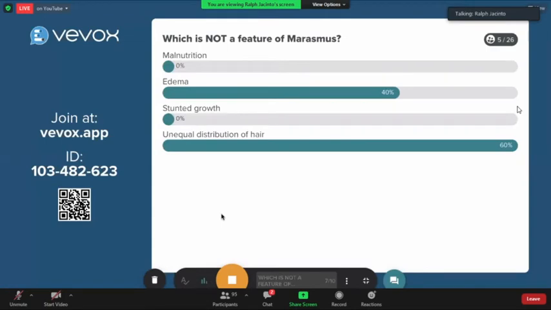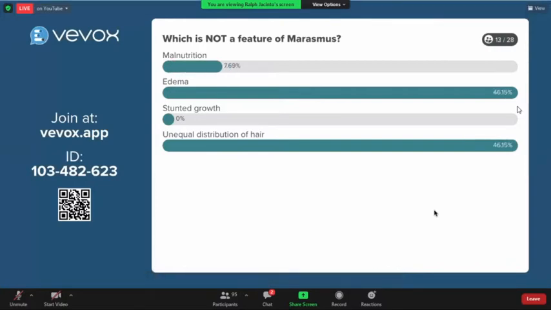Let's look at the answer. Okay, so it's between edema and unequal distribution of hair. Of course, the answer is not malnutrition because I've mentioned it. Marasmus is an example of malnutrition. So this is already wrong, incorrect.